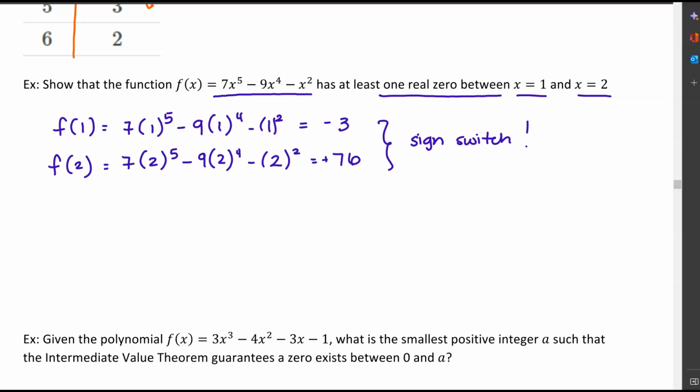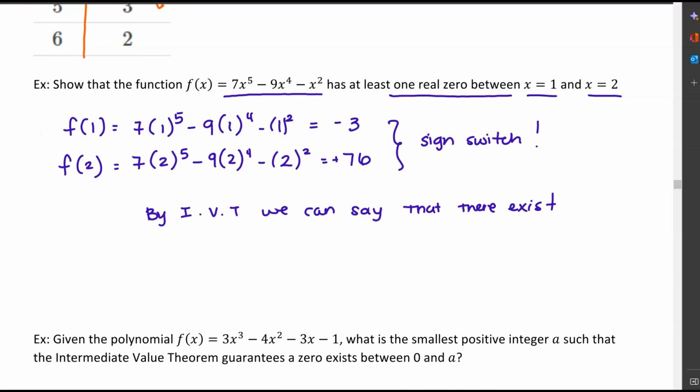So now notice that we got a sign switch. That tells us that by the intermediate value theorem, we can say that there exists at least one zero in the interval 1, 2.